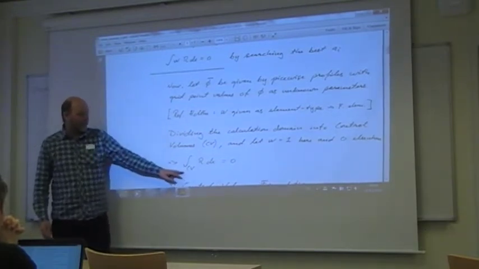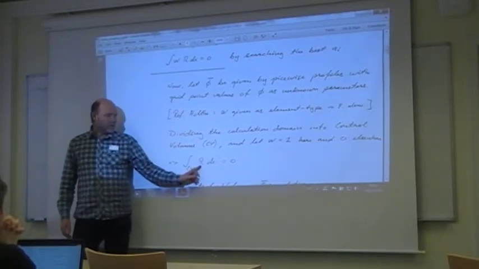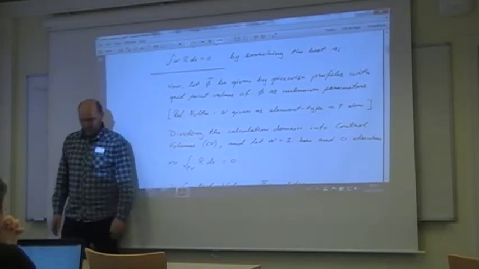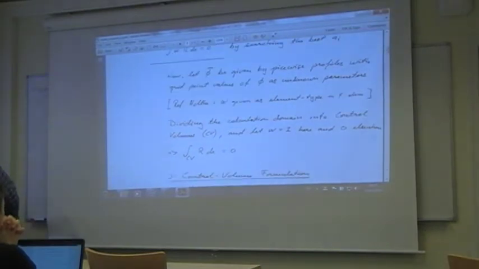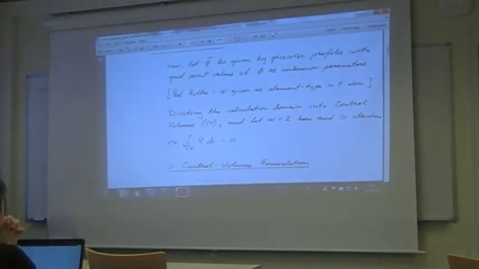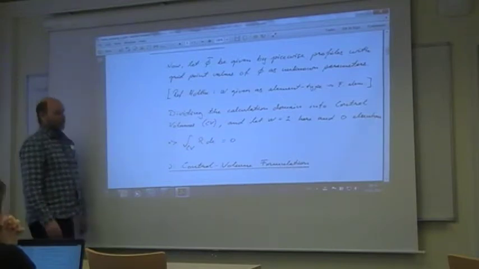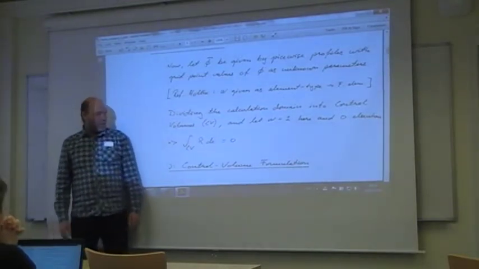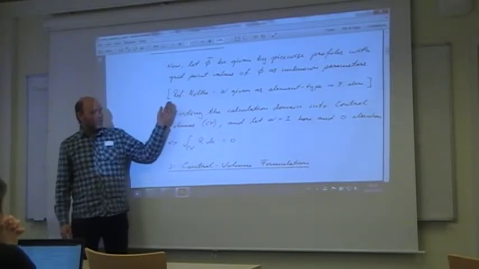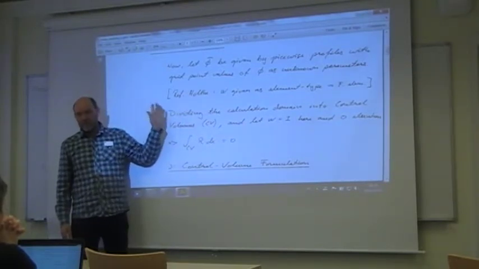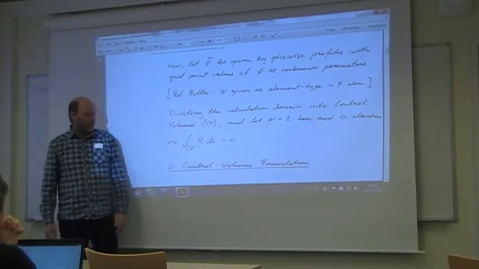And then we just take the volume integral of this residual and set it equal to 0. Then I will call this finite volume, actually. Finite element, then this weight function, which actually could be anything, can be quite advanced.